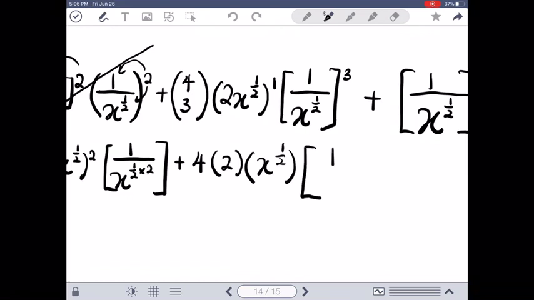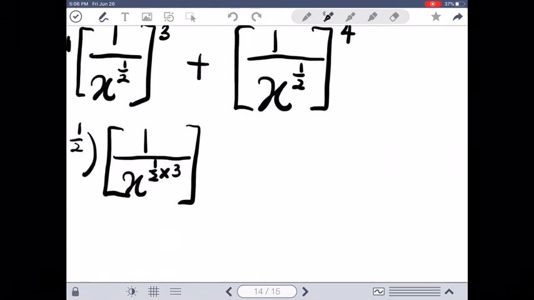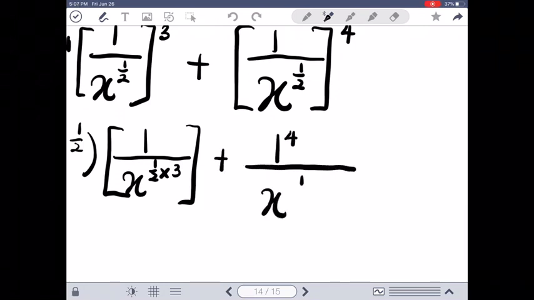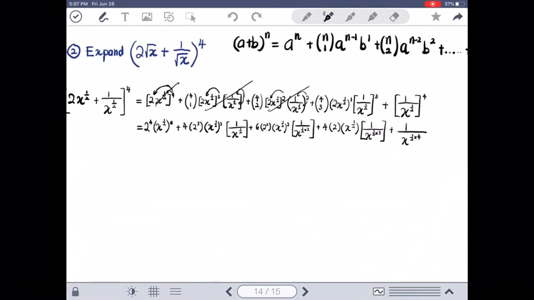So 1 to the power of 3, we know that 1 to the power of 3, x to the power of 1 over 2 times 3. Anything to the power of 1 to the power of anything, you still get 1. And the last term, 1 to the power of 4 over x to the power of 1 over 2 times 4. And again, 1 to the power of anything is just equal to 1.